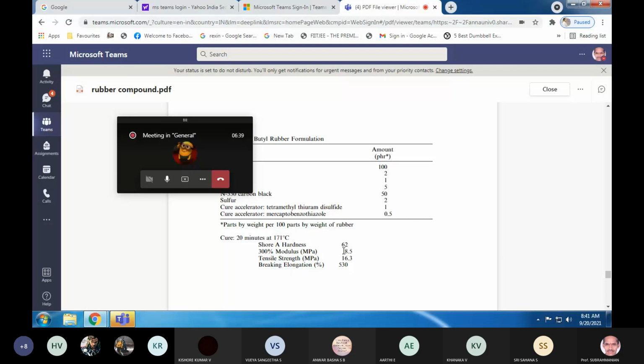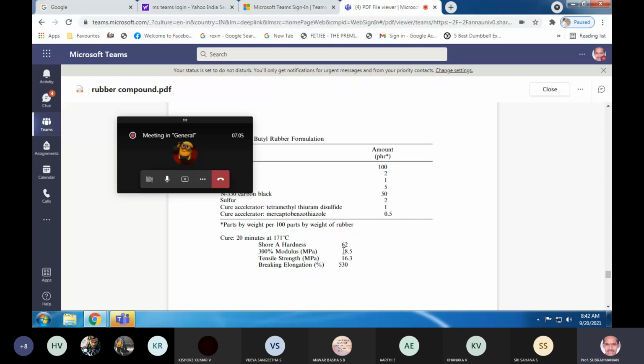All right. So that is the first qualification of this recipe. And secondly, the inner tube formulation has to be flexible. It should be soft, flexible, and hardness is just about 50.